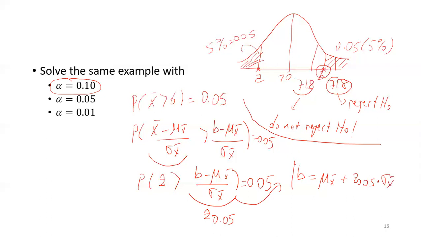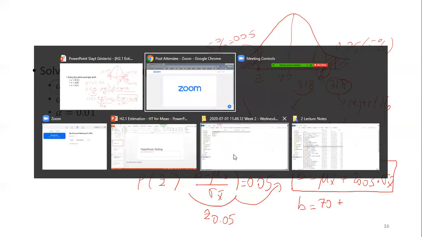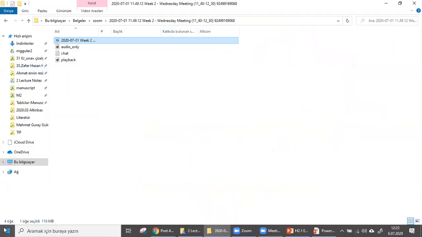This is a general formula for converting the standard normal to any normal random variable. So B is equal to 70 plus Z sub 0.05.